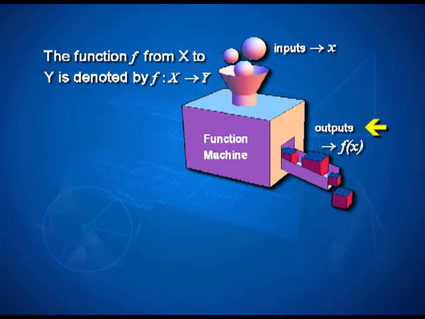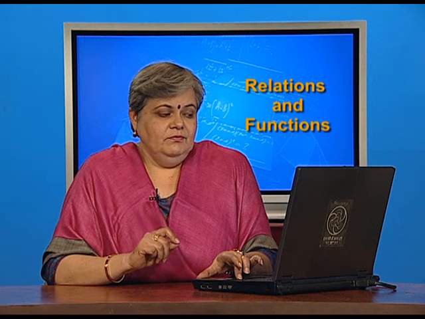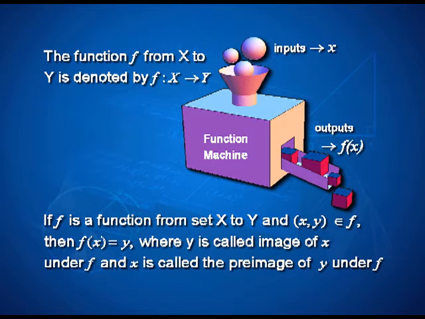This f of x is the output, x is the input. So, if f is a function from set X to set Y and (x, y) belongs to f, then we also write y equals f of x.